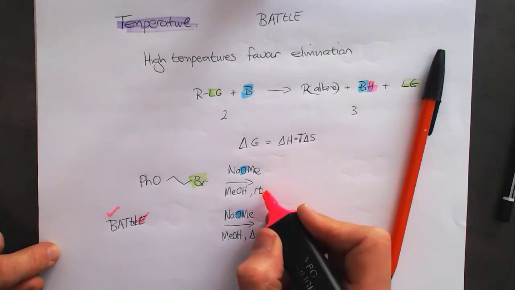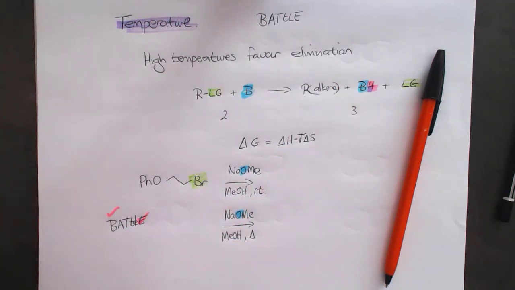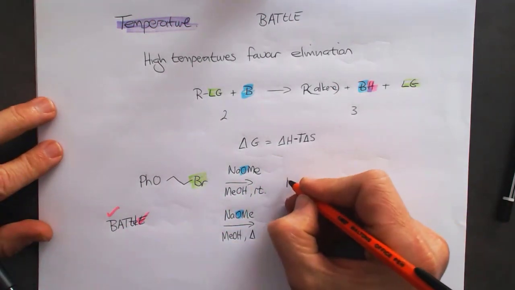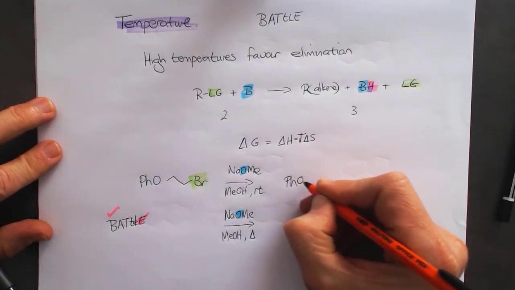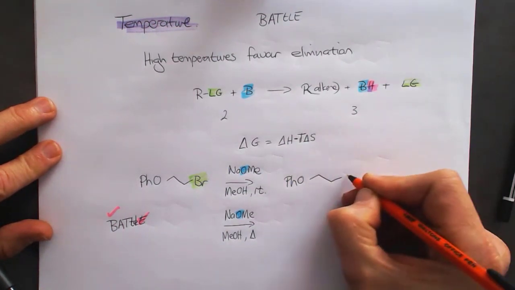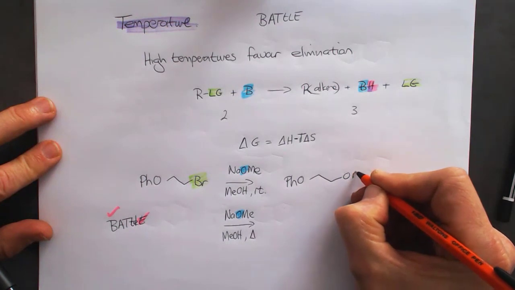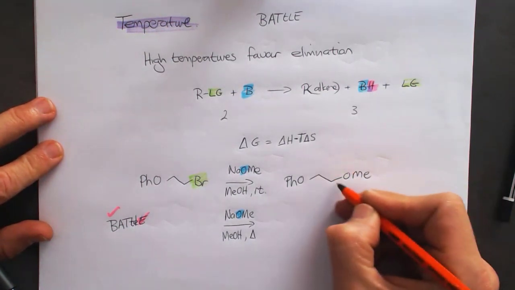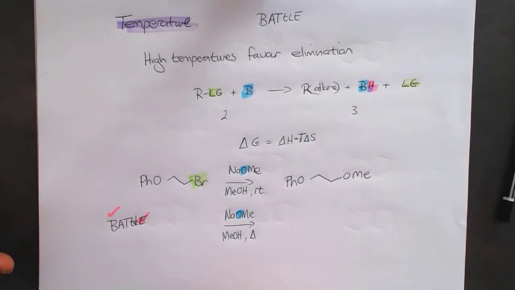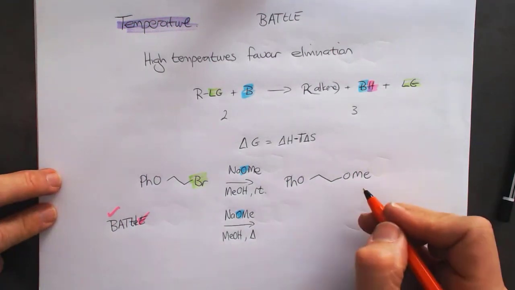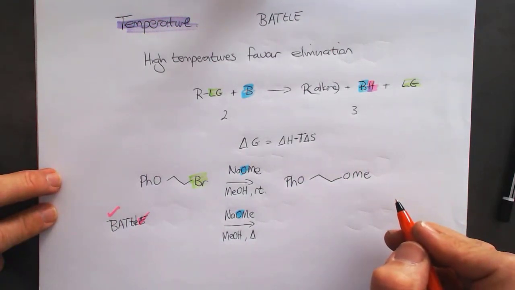So in this one, we're going to swing towards a substitution type of reaction. We're going to end up with an OMe, and so we've made this new carbon-oxygen bond through a substitution reaction.